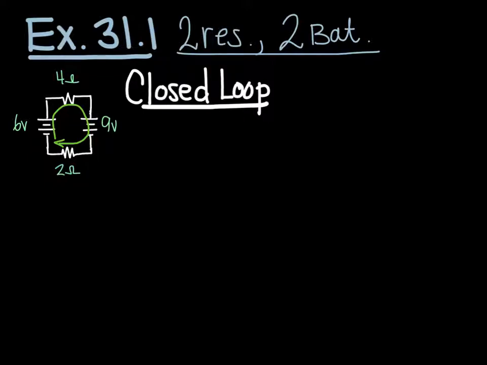So we can see that in the closed loop, we have the sum of the potential differences, which is going to equal 0, is equal to the 6-volt source. So let's write that in terms of the first battery. We'll call it VB1.